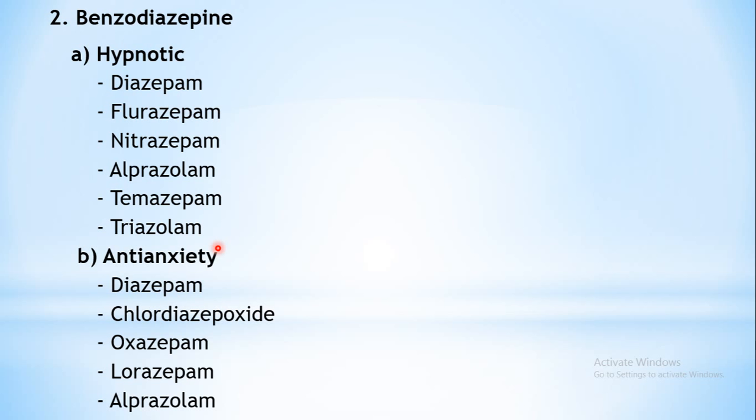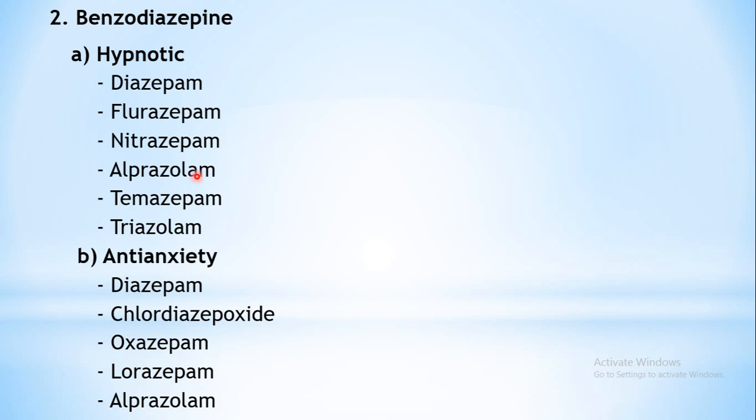Because of this, the same drug may have multiple properties and may be repeated. Like diazepam, which is included under multiple subclasses. Even alprazolam can be seen in both sub-classifications, because both drugs have hypnotic property and anti-anxiety property also.